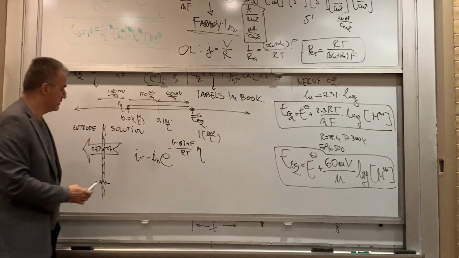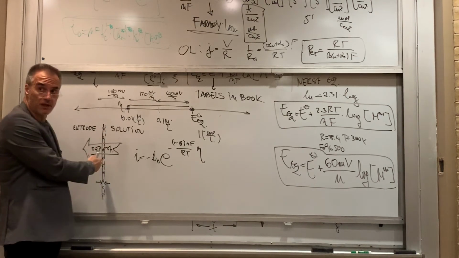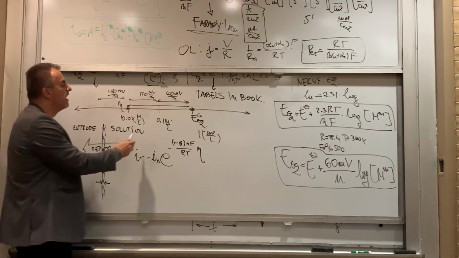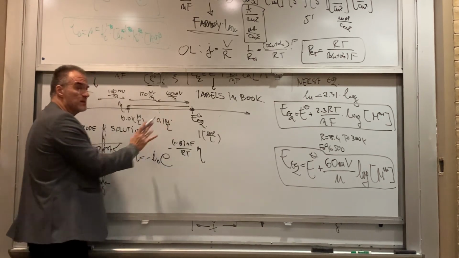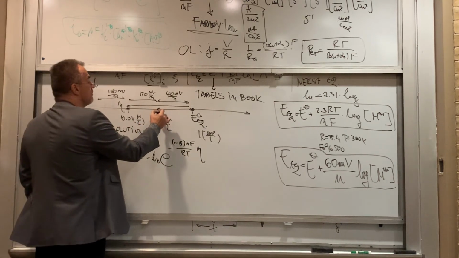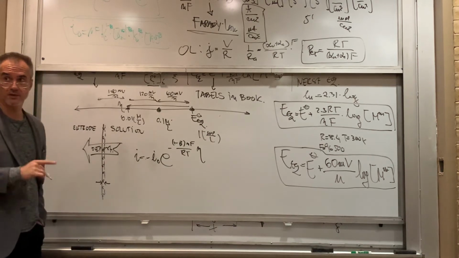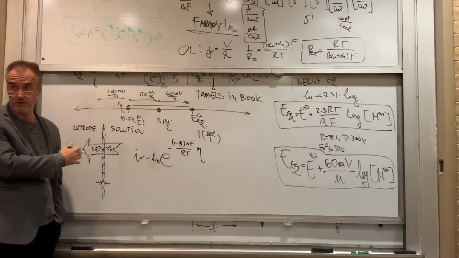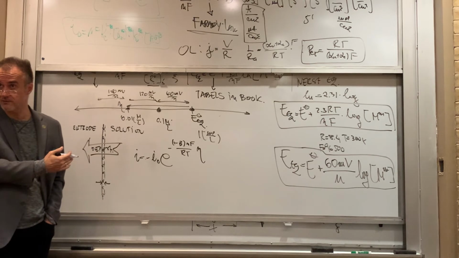But because the concentrations at the surface changed and dropped to, let's say, 0.1 molar, my equilibrium potential with respect to this concentration at the interface also changed, right?